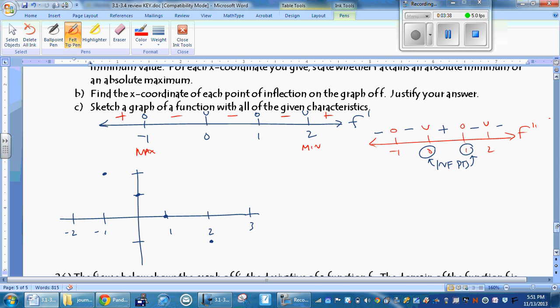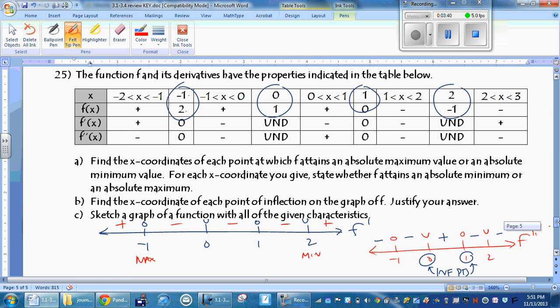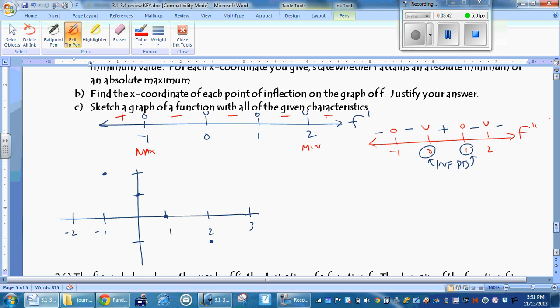So those points were given to us, and we can see here that we're going to have a maximum at -1, so that looks about right, because we're increasing and then decreasing, so we're going to have a maximum here. We're going to have a point over here that's a little bit lower. And then it's decreasing from -1 to 0, decreasing from 0 to 1, decreasing from 1 to 2, but then it increases. So that means we're going to have a minimum right here at 2.